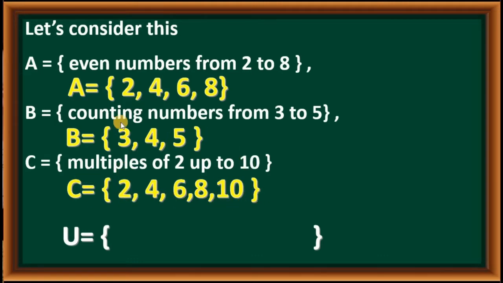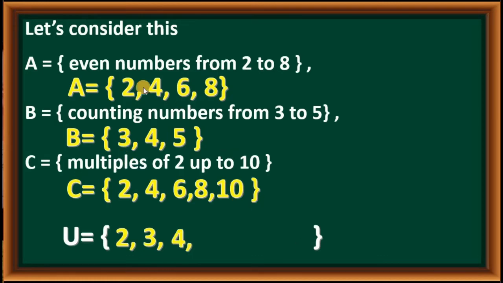Now, considering these given sets here, I want you to make a universal set out of these three sets. So what are those? You have 2 here, and you have 2 there. Remember, you just only need to write it once if it is the same. Next, you have 3, it's here.